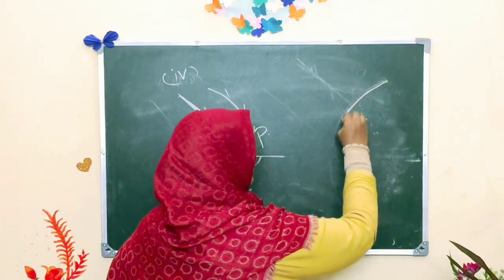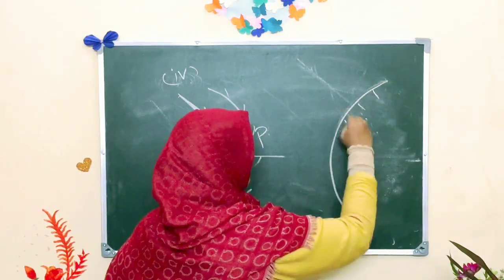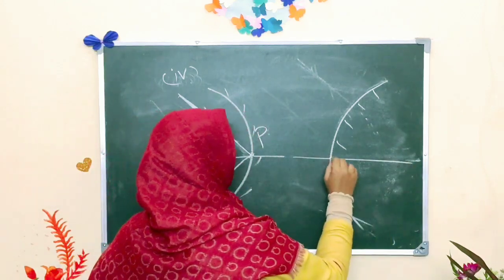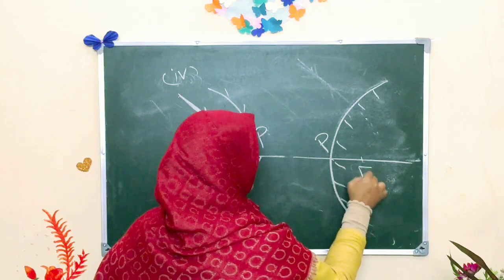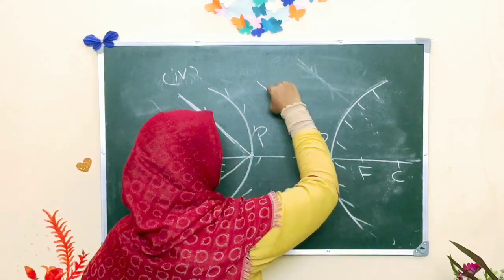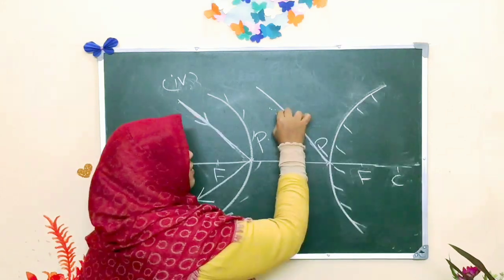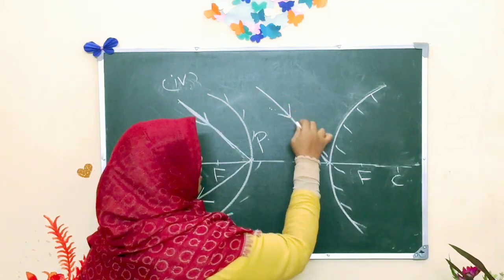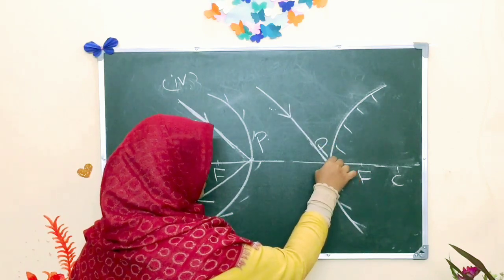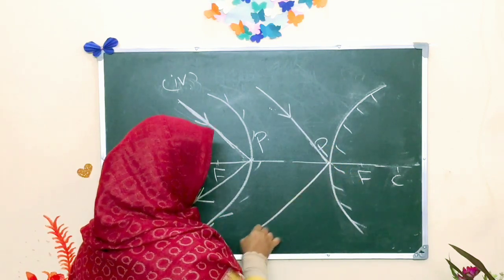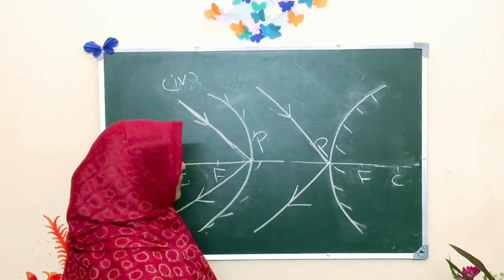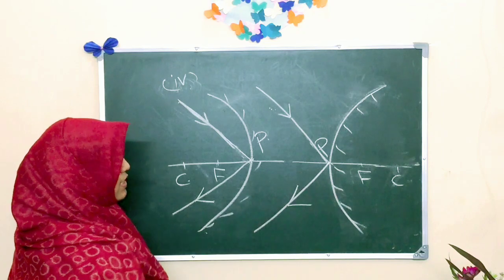Next I am drawing the convex mirror, with the pole, F and C. Here is the incident ray coming, and after reflection it goes like this, the reflected ray, in the case of a convex mirror.